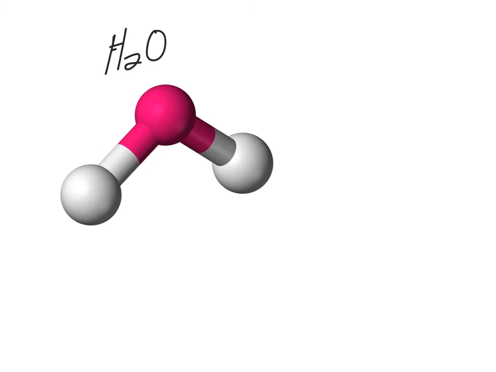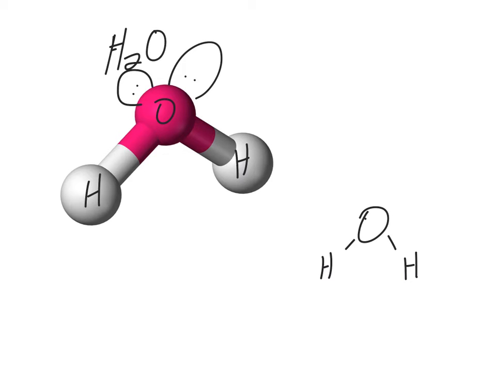In the H2O molecule, I'm going to draw a little Lewis dot structure to the right here. So we have our oxygen, which is the red one right here, and we have our two hydrogens. Now normally I draw the hydrogens at the top. This time I'm drawing them at the bottom because at the top on this one are two sets of unpaired electrons. And remember, this is supposed to be three-dimensional, so you can think of those dots as maybe coming towards you and going into the screen as well.